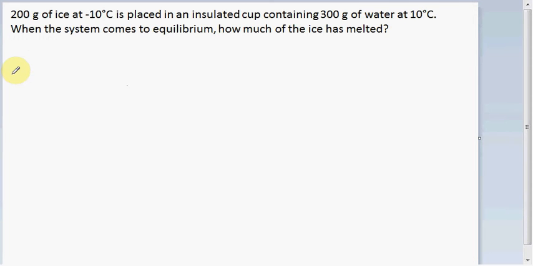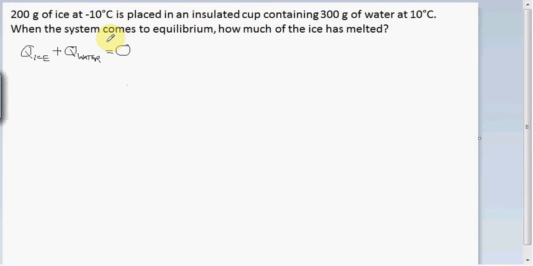The way we do all of these calorimetry problems is, they all start out the same way. We've got ice and we've got water. So we're going to say the amount of heat added to the ice plus the amount of heat added to the water is equal to 0.